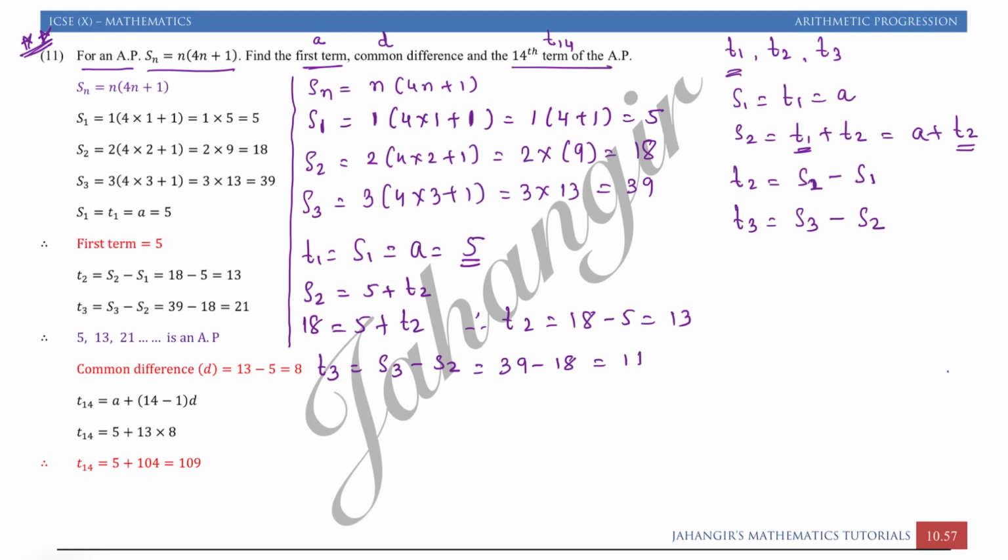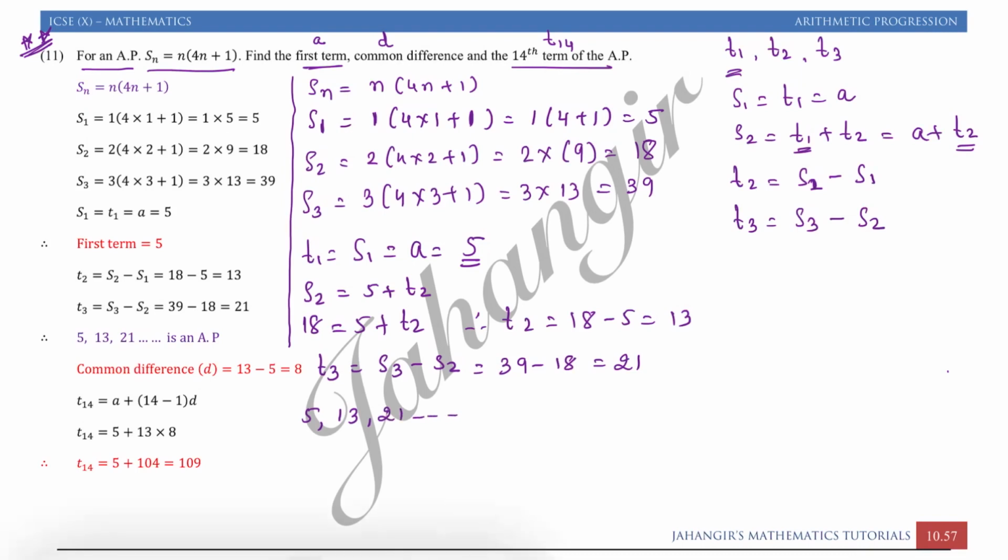So my series will become first term is 5, second term is 13. Okay, the second term is correct, the third term is wrong. The third term I should get as 21, 21 and so on.